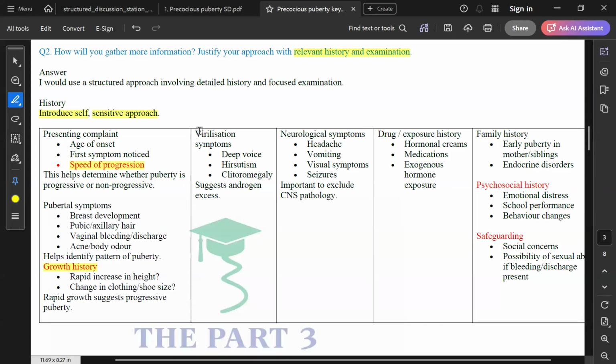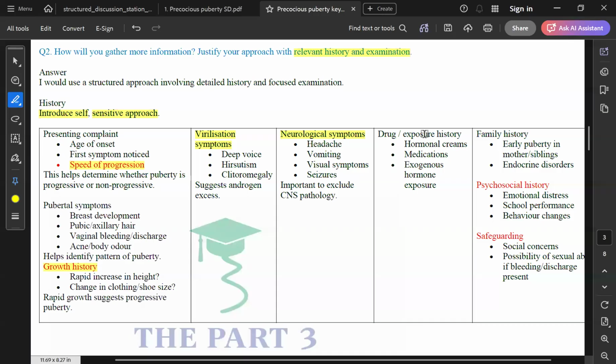And whether she had any virilizing symptoms, whether it is isosexual or heterosexual, you would need to mention here. And you mention neurological symptoms, like increased intracranial tension in terms of headache, vomiting, visual disturbances, seizures, anything at all to look at CNS etiology. And the drug and exposure history, because these are hormones which could be exogenous and could bring about these kinds of changes in the young girl.